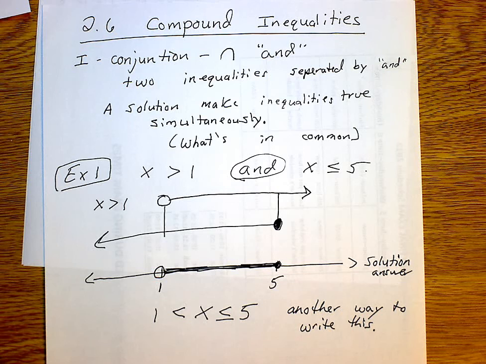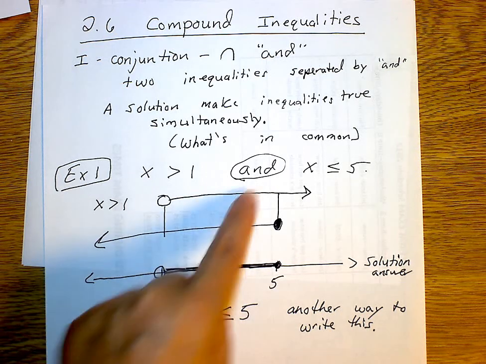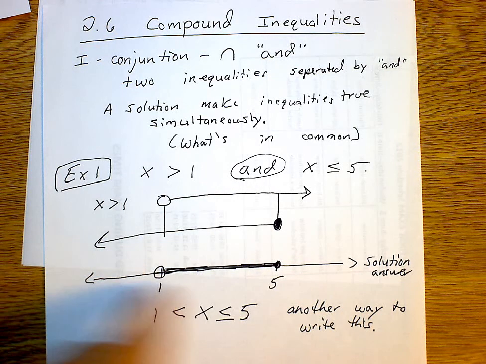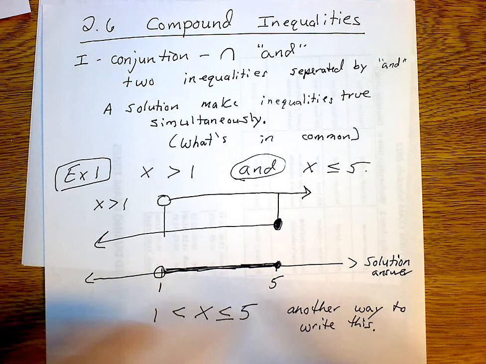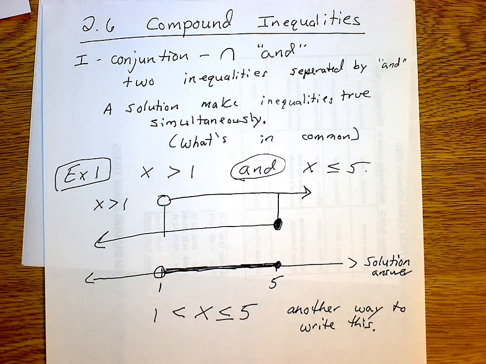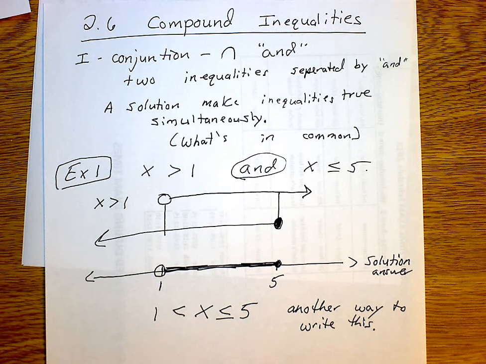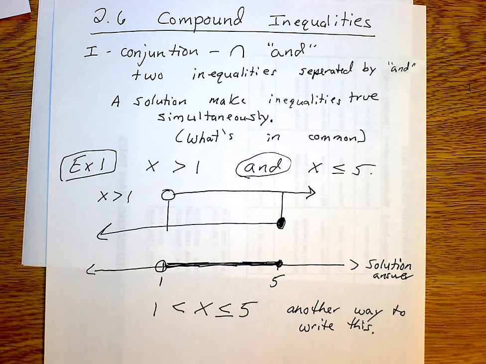If they have everything in common, how else could we write that? It would be infinite or all real numbers. I would accept infinitely many or all real numbers. All real numbers is what I'd want better, but either way would work. All right, questions? All right.